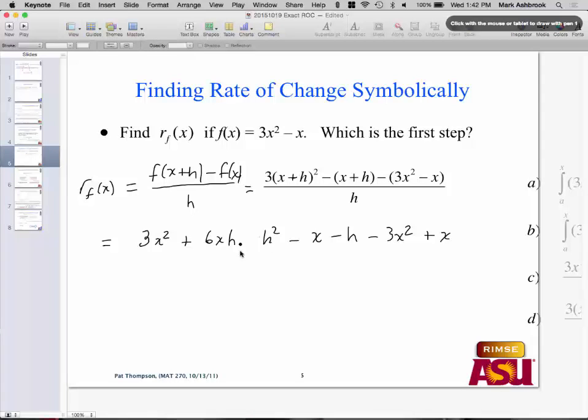Did I make another mistake? Anything else? No, minus x plus h means minus x and minus h. Any other, do I have it now? Okay. And then this whole thing is over h.